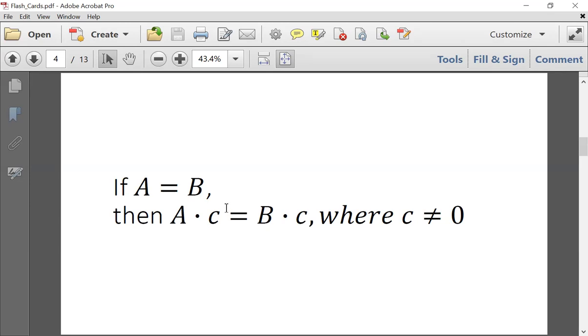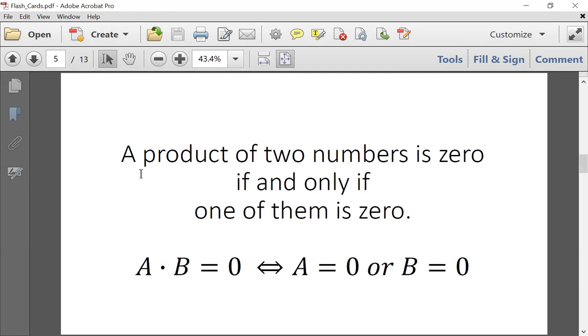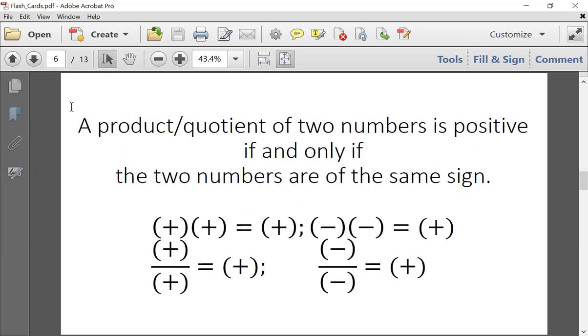As you're making those cards, you want to be absolutely convinced that these are truth, because these are the rocks we're going to build our buildings on. We're going to build our mathematical structures. So these are the rocks we're going to build our mathematics on. That's number 4. Number 5. Number 6.